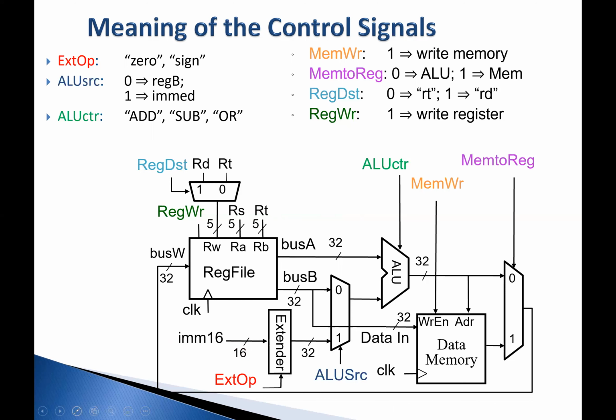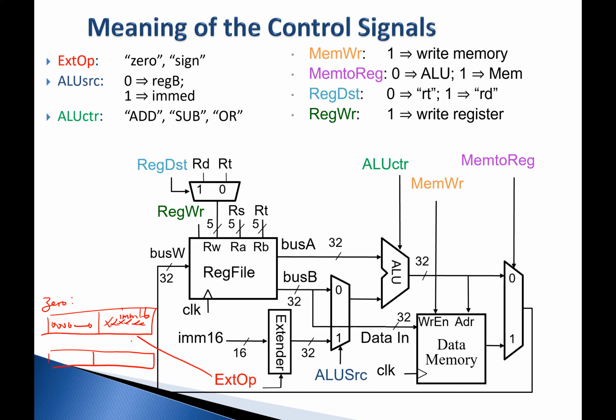So the example is you have your immediate, right? And then for unsigned or 0, you have all zeros.